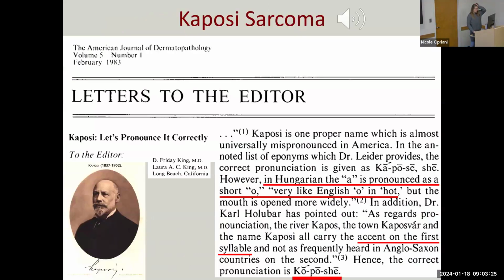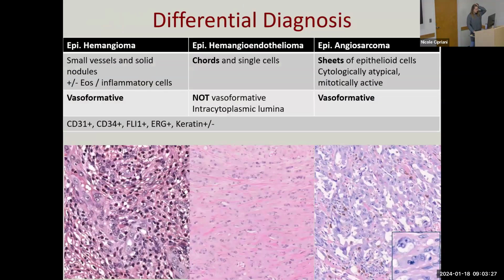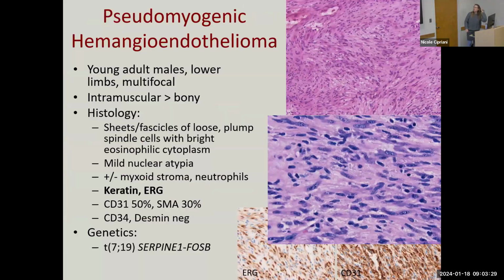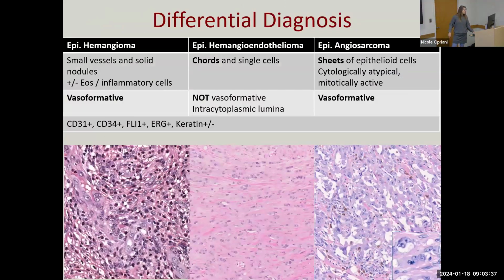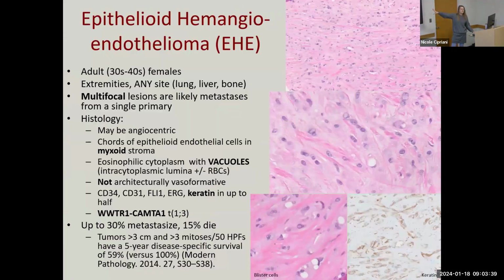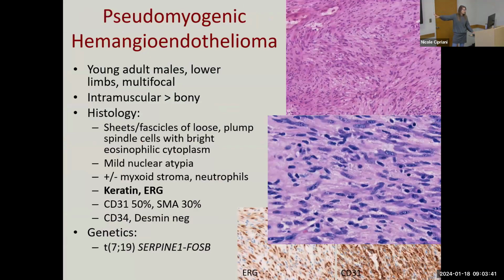Okay, those were most of the vascular tumors. The other thing that I didn't mention is that there are now other morphologic variants of hemangioendotheliomas. The classic one is EHE, epithelioid hemangioendothelioma. But go to the WHO and remind yourselves of the other morphologic variants. Probably one of the trickier ones is the pseudomyogenic, because it will show you nothing vasoformative, right?